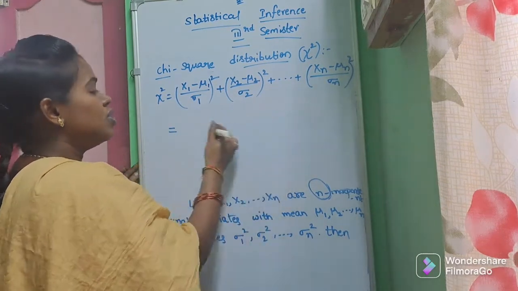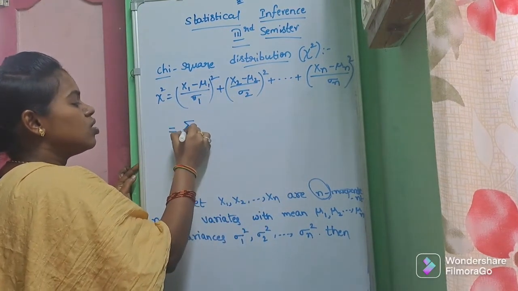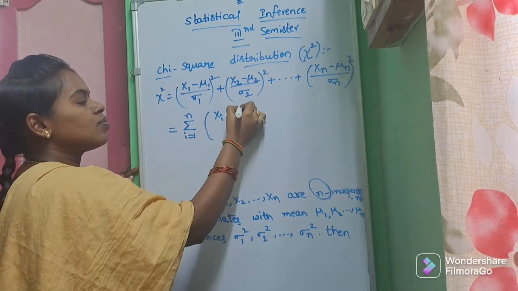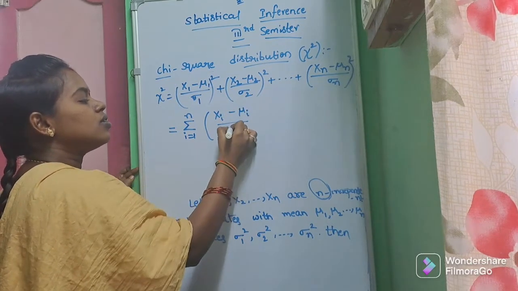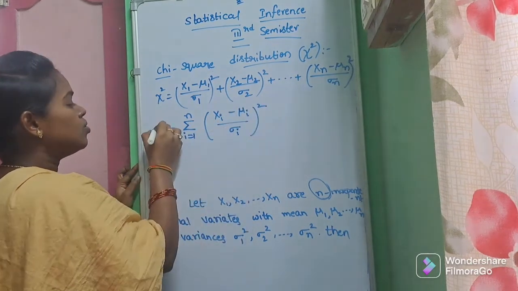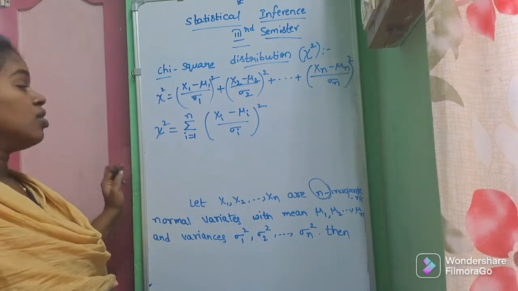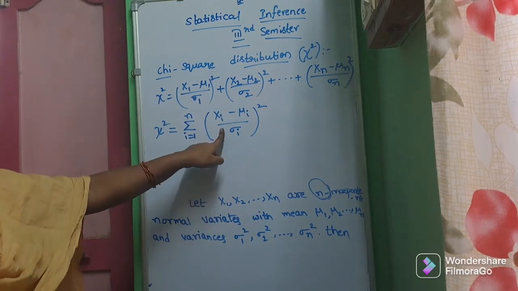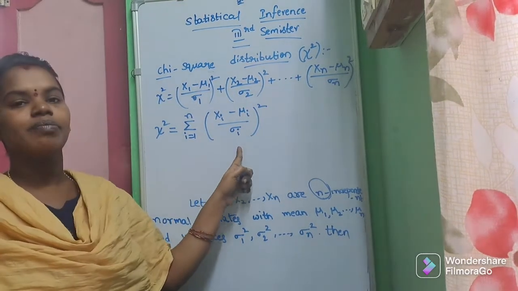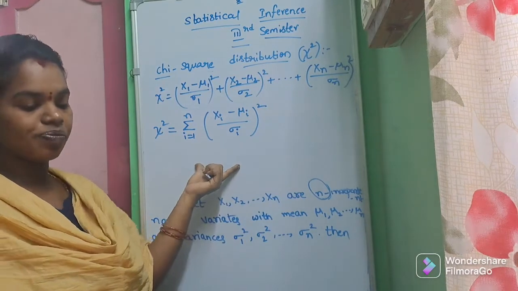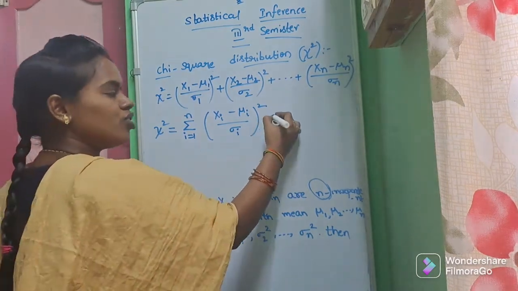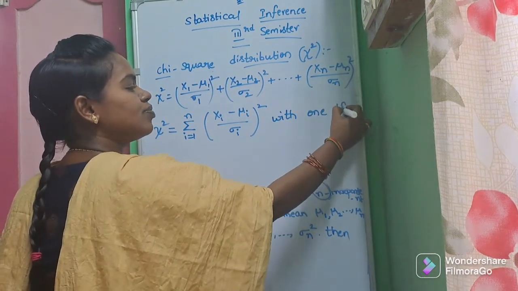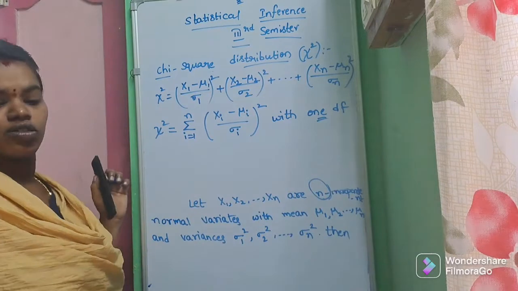If we add all of this, we can write it as the summation from i equal to 1 to n. So chi-square equals summation i equal to 1 to n of (xi minus mu i by sigma i) whole square. This is our chi-square distribution, which follows n degrees of freedom.